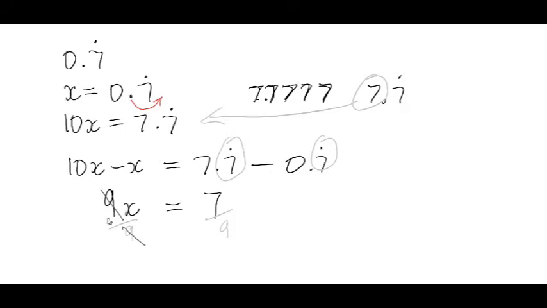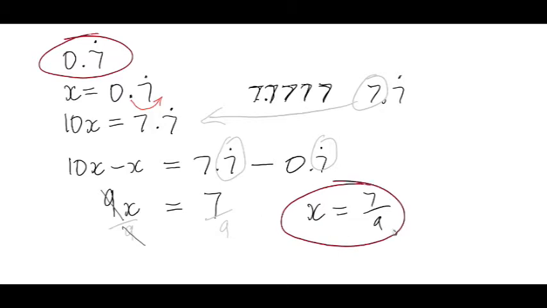If you prefer, 9 goes into 9 once, so you end up with 1 times x, which is just x divided by 1. So x divided by 1 is just x, and we wouldn't even need to write those ones in. If I tidy this up, we've now got x equals 7 over 9. And so we've converted our original recurring decimal to its equivalent fraction.